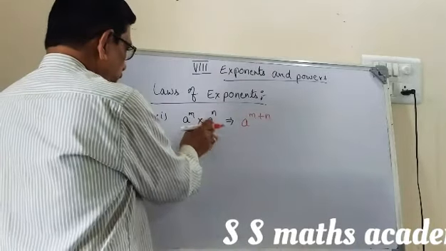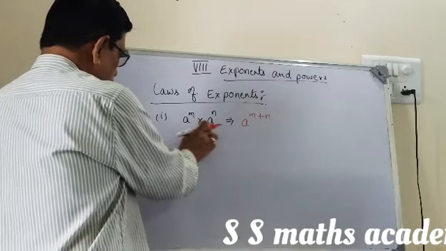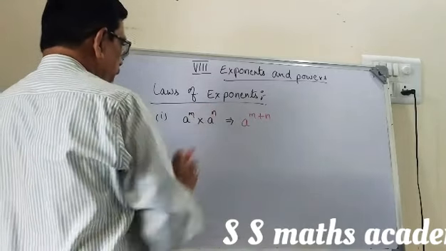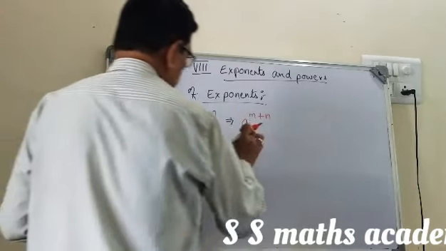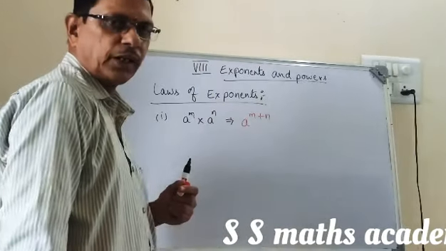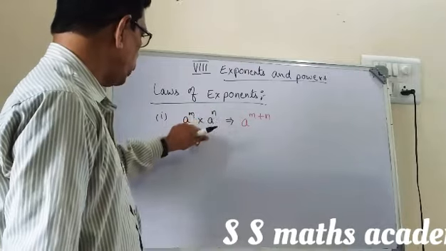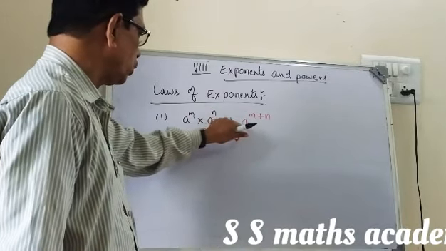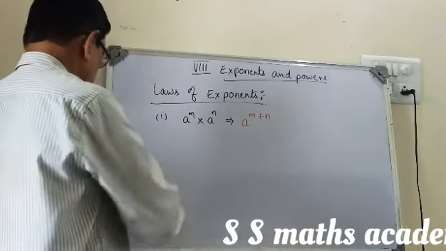So for the product of the same bases with different exponents, we have to add up the exponents. That is a to the power of m into a to the power of n is equal to a to the power of m plus n.